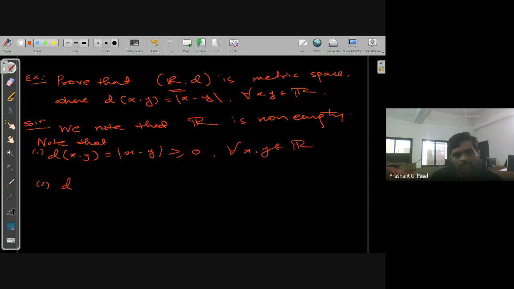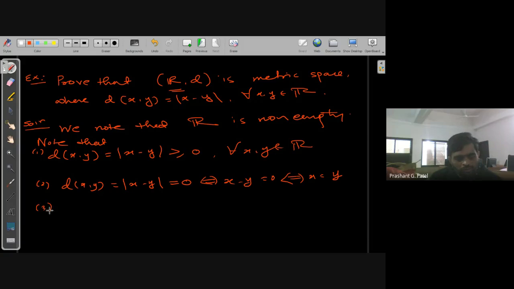The second one: d(x, y) = |x − y| = 0 implies x − y is 0, which implies x is equal to y. And if x is equal to y, we have x − y is 0, so the modulus will be 0. So the second condition is also satisfied.